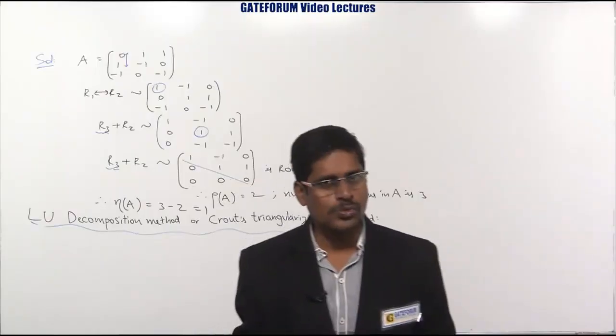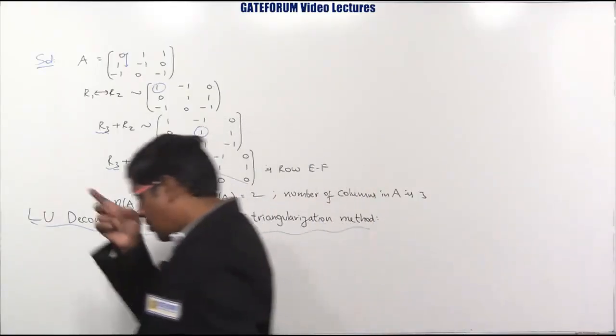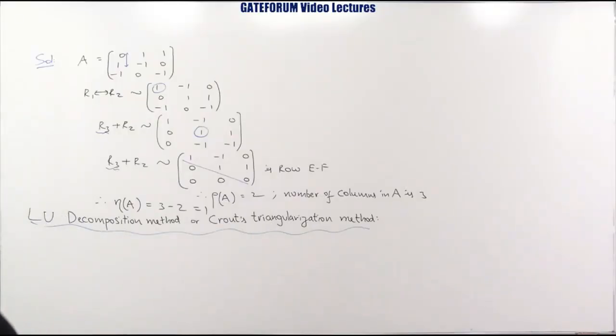What is L? What is U? L is a lower triangular matrix. U is an upper triangular matrix, without row operations or column operations. So I am explaining the method.